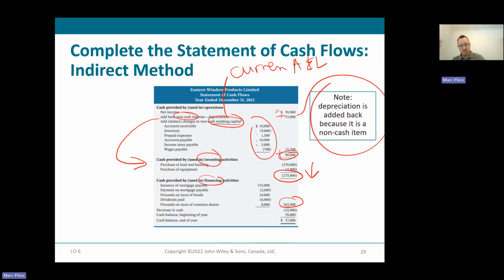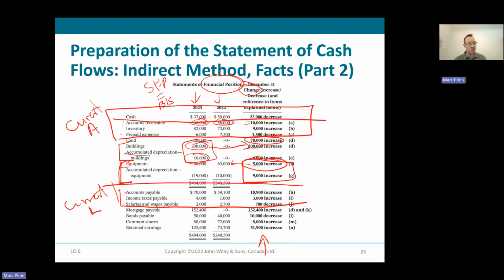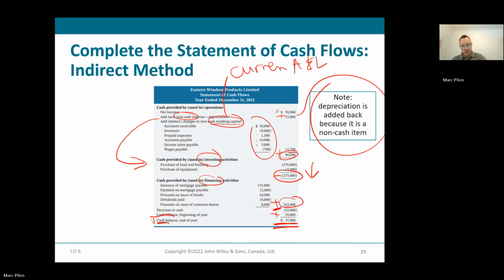If I do 90 minus 275 plus 162, gives me a total decrease in cash of negative 22,000, plus my beginning balance of 59. I end up with an ending balance of 37. So because it balances with my cash balance, I put 2 lines underneath. It's the accountant way of saying it balances. I've checked it, it works. Here's my balance, 37,000, 37,000.